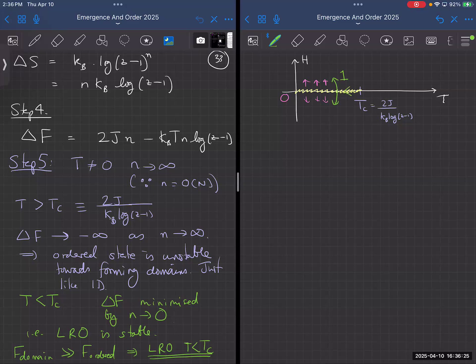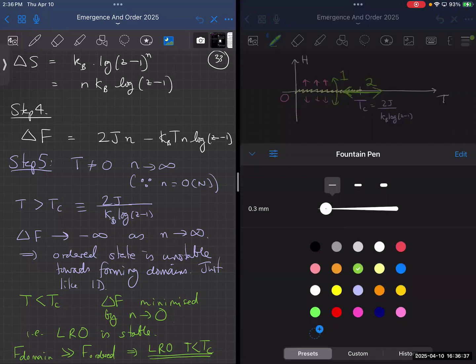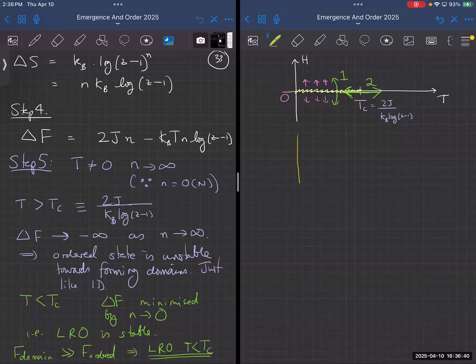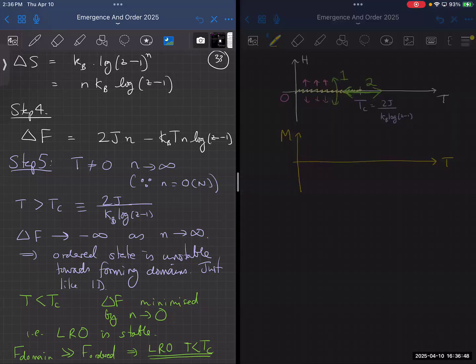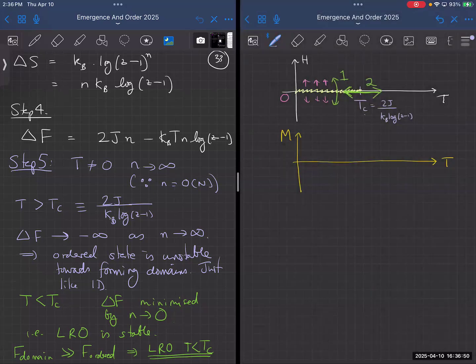But now when I go at zero external field, as I go down in temperature through here, I actually have a second order phase transition. And it's not obvious from what I've shown you, but it is true nonetheless, if I draw the temperature here and I draw for you the magnetization, so here is this critical temperature T_c.